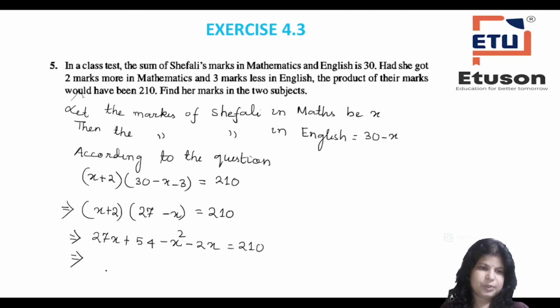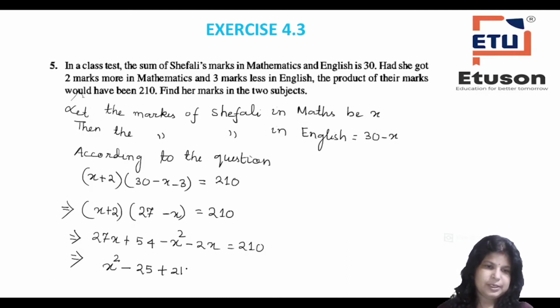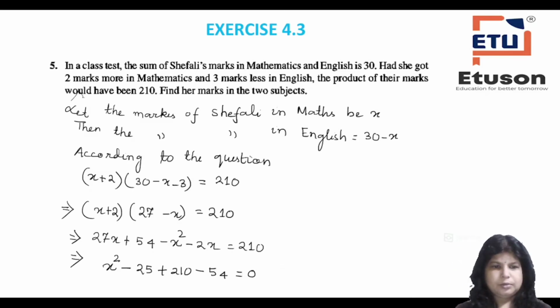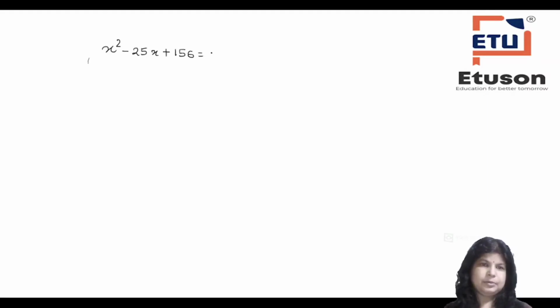It implies if you take all these terms to the right hand side, it becomes x square minus 25x plus 210 minus 54 is equal to 0. So we will get x square minus 25x plus 156 is equal to 0.